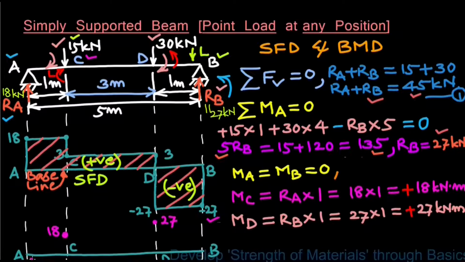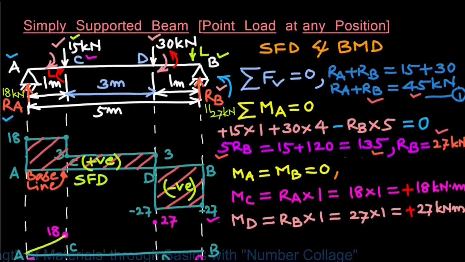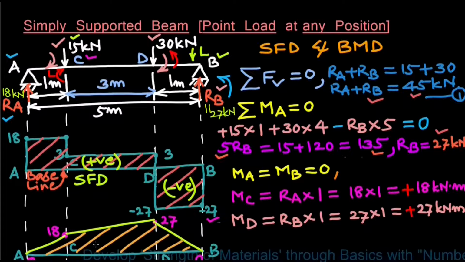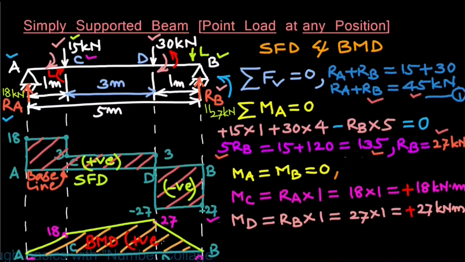Bending moment at point A is 0 and that at point B is also 0. So the bending moment curve will be from 0 bending moment at A to 18, then from 18 to 27 at point D, and from 27 to 0 at point B. So this will be the BMD, which is positive, hence drawn above the baseline.